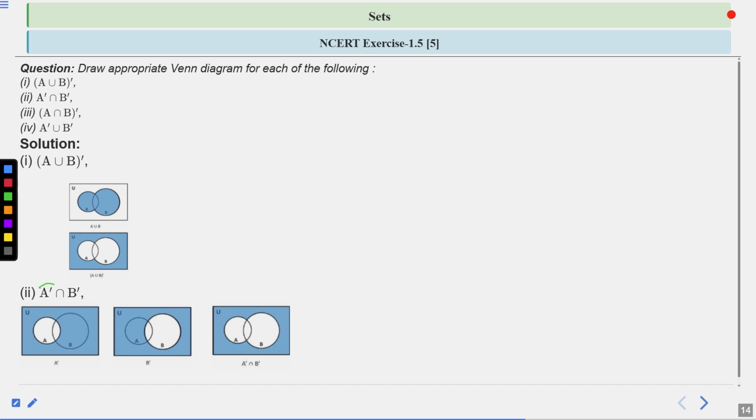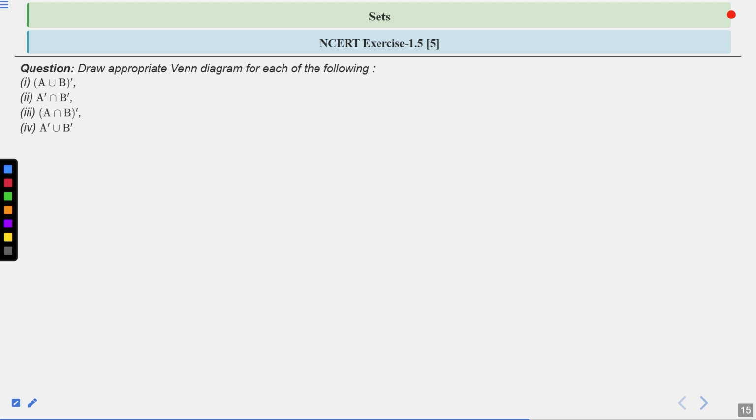For B complement, shade everything except the B circle. Now the intersection, meaning the common shaded area, will be this. If you observe both of these, both are the same, and there's a name for this: De Morgan's law. Okay.